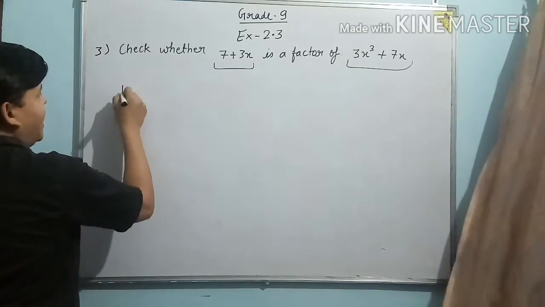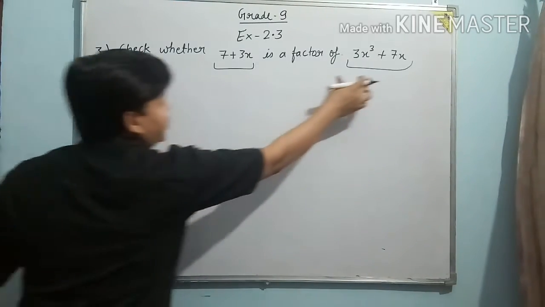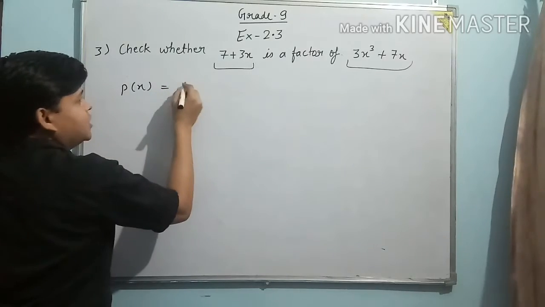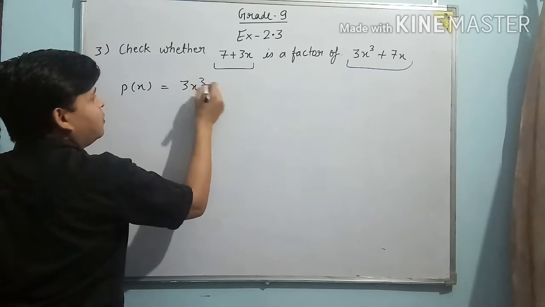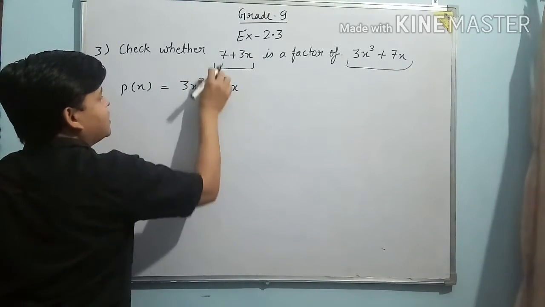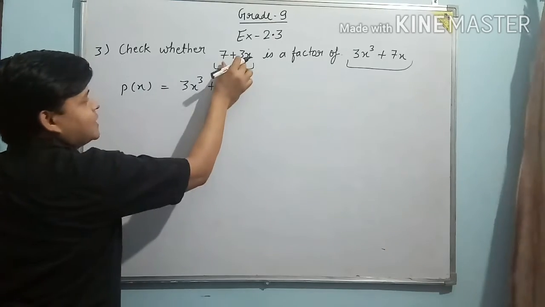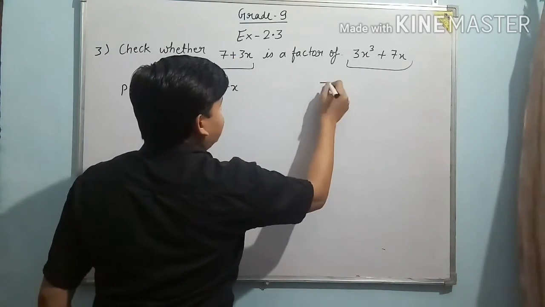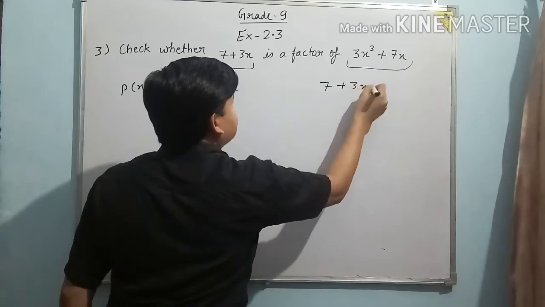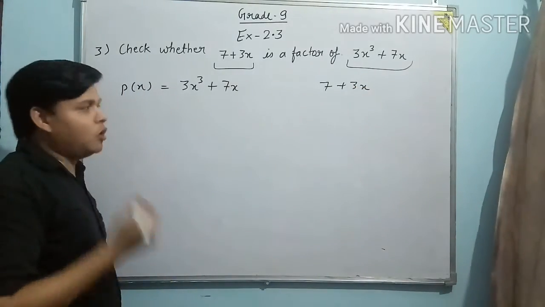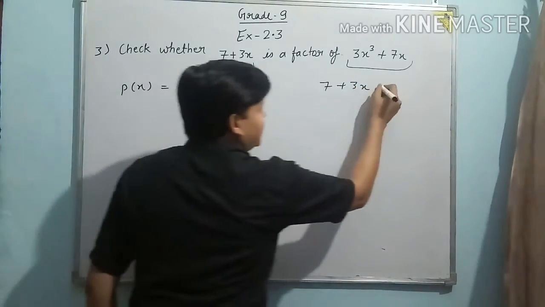So I am just writing this given polynomial which we have to divide, equals 3x cube plus 7x, and this I am writing as a divisor here, that means 7 plus 3x. And as we all solve this, we will put this equals to 0.